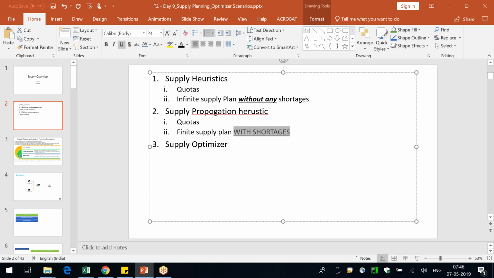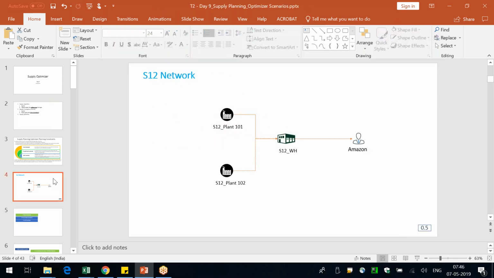That means if there is any shortage, the heuristic will not give it. Again, same example, the demand is 10,000, I can only get 9,000. The system only sends 9,000, and then the shortage would be 1,000. So with this, we'll know what customer demands will not be met, and in what buckets. And again, this works on quotas and the other stuff.